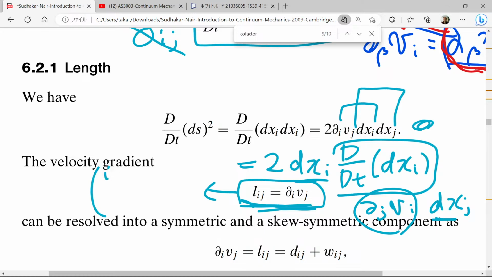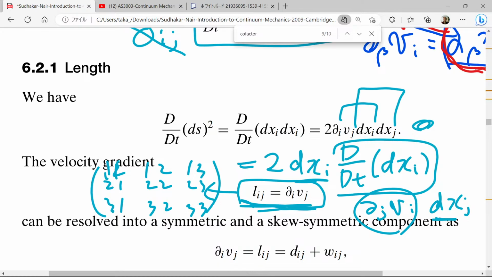So you have 1 1, 1 2, 1 3, 2 1, 2 2, 2 3, 3 1, 3 2, 3 3. Right? So you can view this as a matrix.